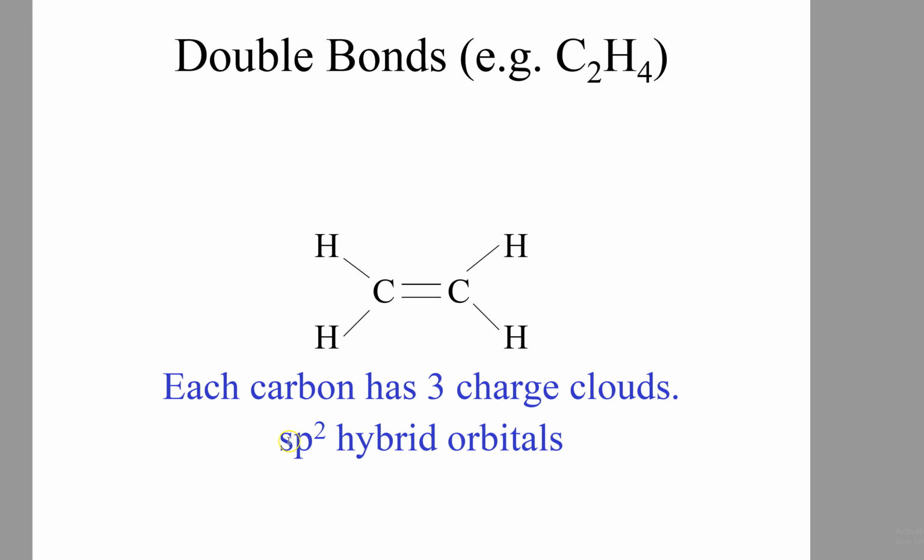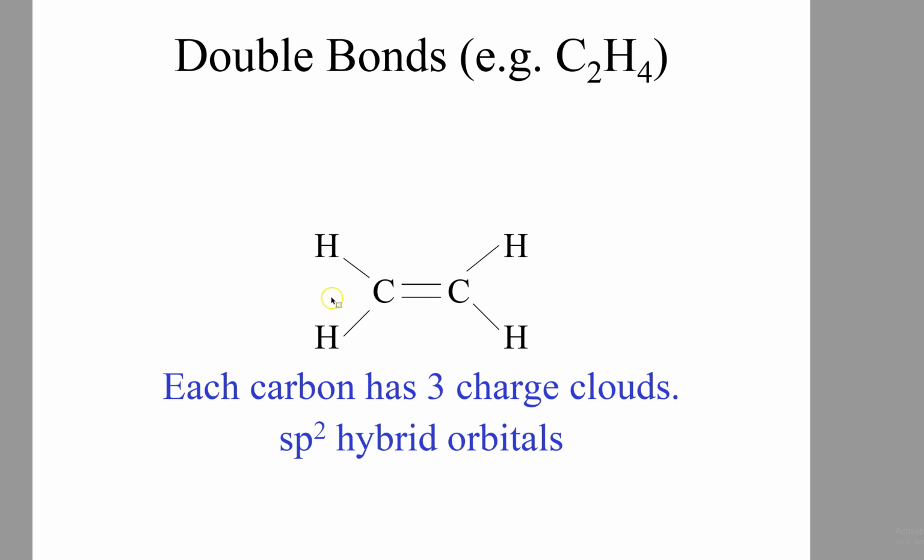Here's a classic example of a double bond, which is C2H4. In this specific case, we always look at the central atom and how many attachments it has. Each carbon is attached to a hydrogen, a hydrogen, and a carbon, so they have three charge clouds.